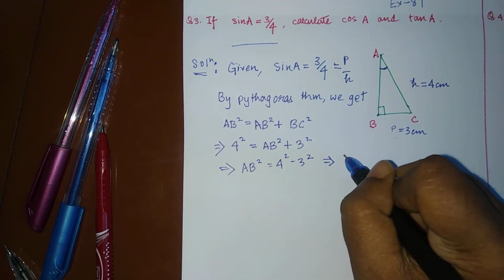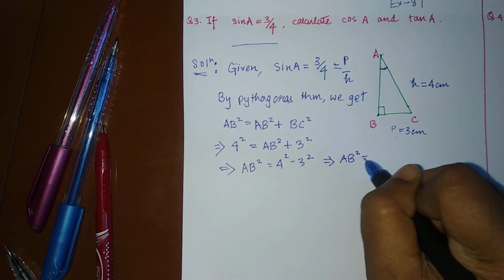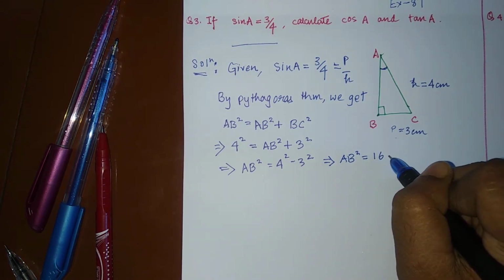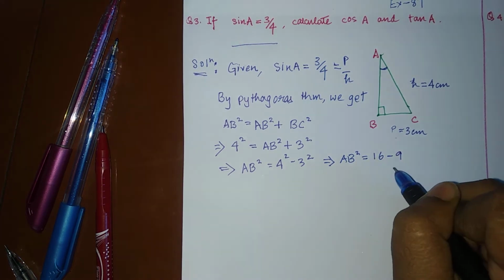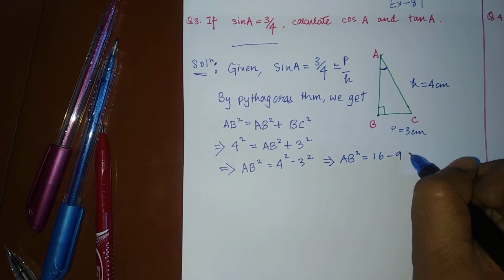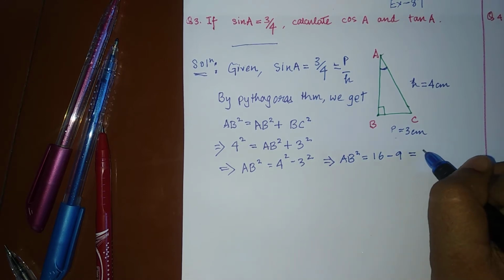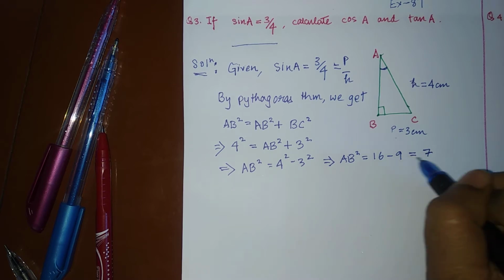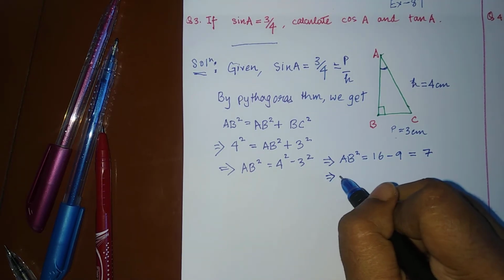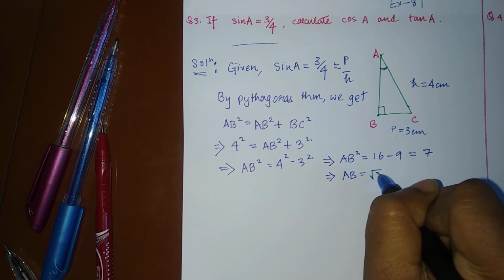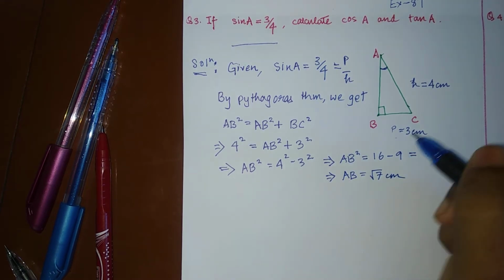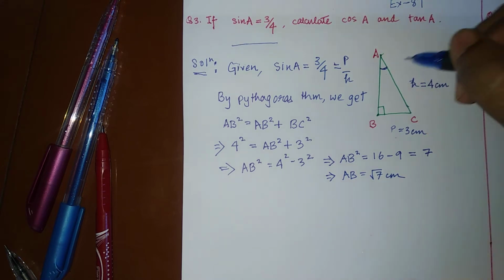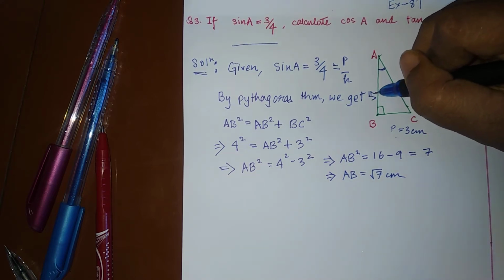So by this we'll get AB squared is equal to 16, which is 4 square, minus 9, which is 3 squared, and 16 minus 9 is equal to 7. So now taking square roots on both sides, you will get AB is equal to root 7 centimeter. So this is the value of the base, root 7 centimeter.